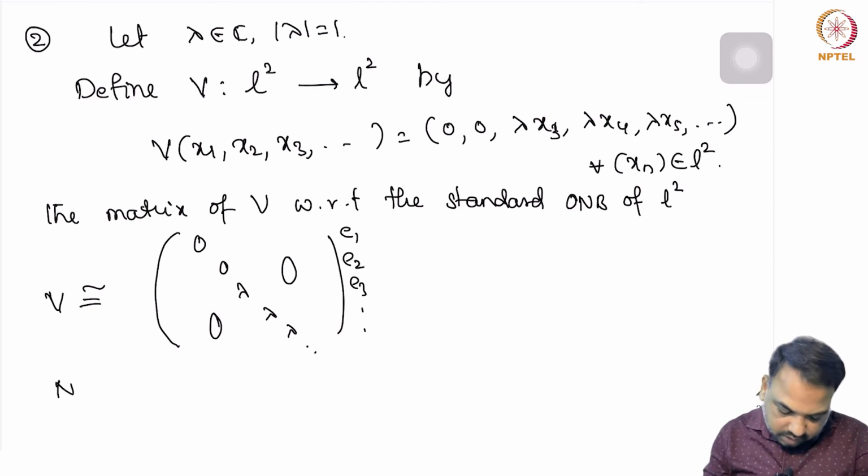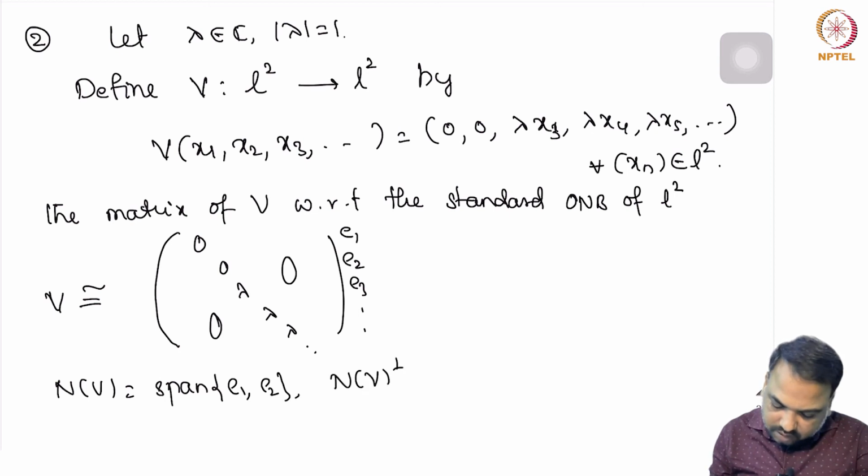Now the null space of V in this case is span of E1, E2, and null space of V perp is span of E3, E4, E5, and so on.